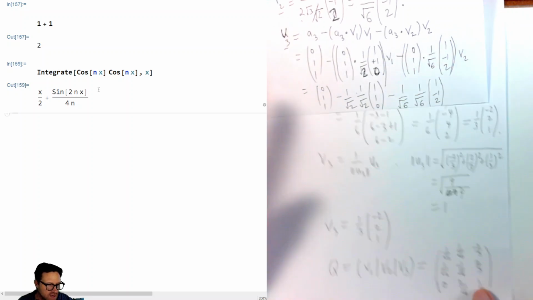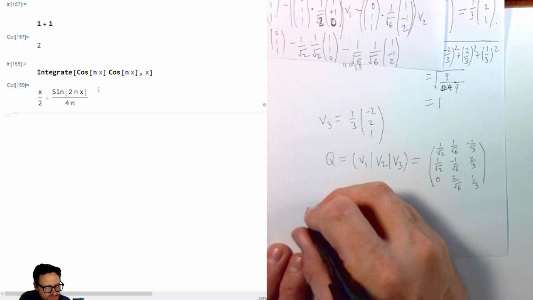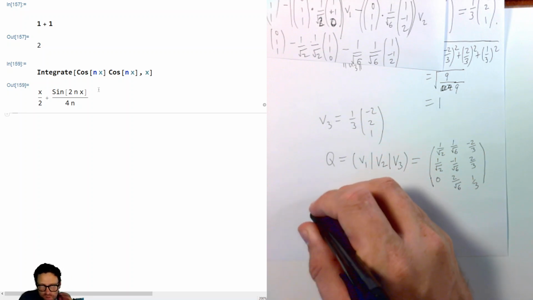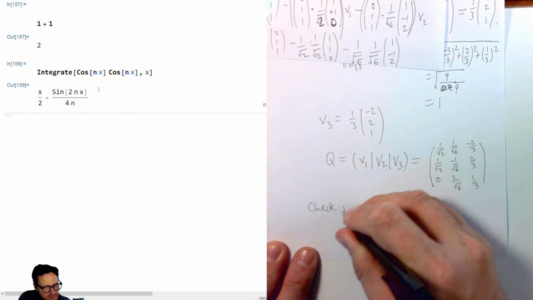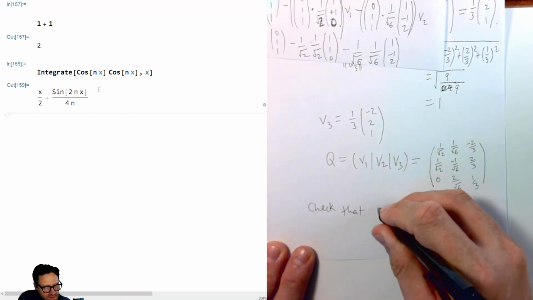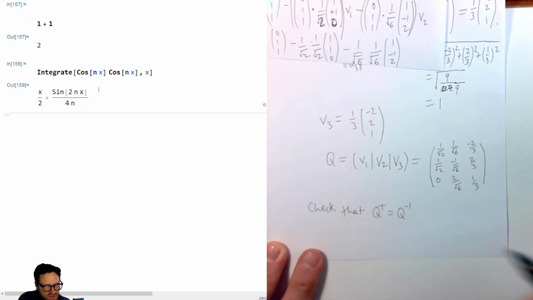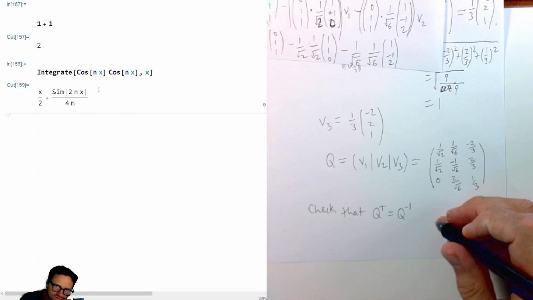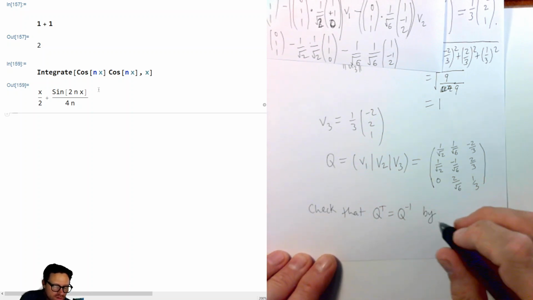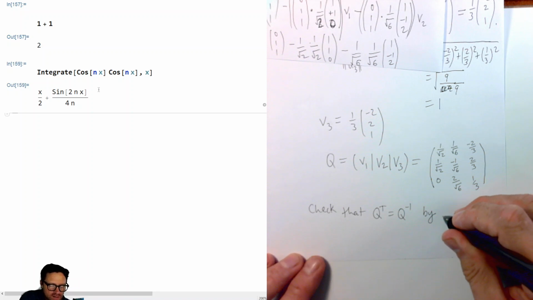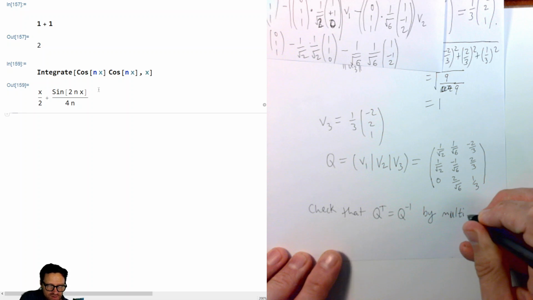So that Q transpose is Q inverse. So that would be what you would want to do next. So check that Q transpose is the same as Q inverse, and probably do that by multiplication rather than actually computing the inverse of that 3 by 3.